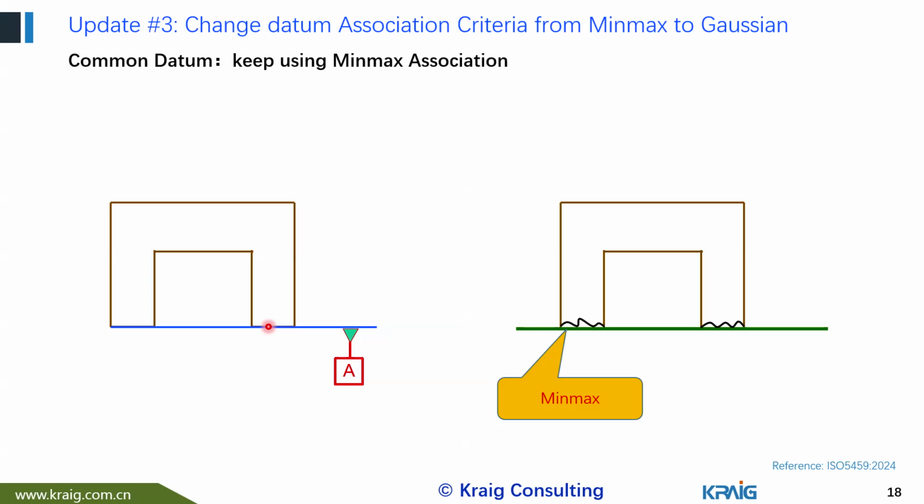Actually we call this a common datum. What I mean by common is two or more surfaces that you combine, you use them together to establish datum A. So in that case, the association formula stays the same. They're going to use the min-max or Chebyshev.